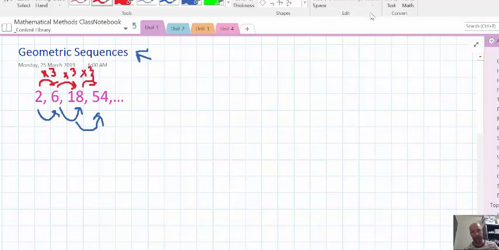So we don't have a common difference. We have what's called a common ratio. There's a multiplier there that is constant, a multiplier instead of something that's added on.